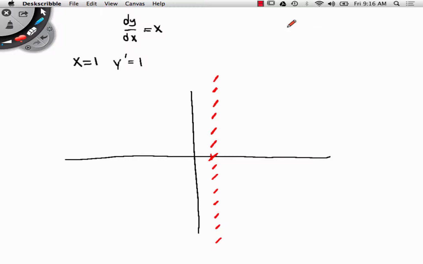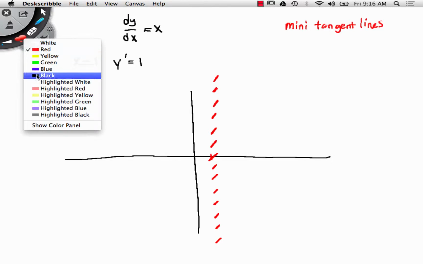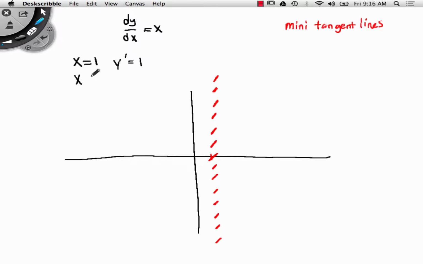And so what I have here are many tangent lines that I'm drawing. What if x is equal to 0? What's the slope? 0.